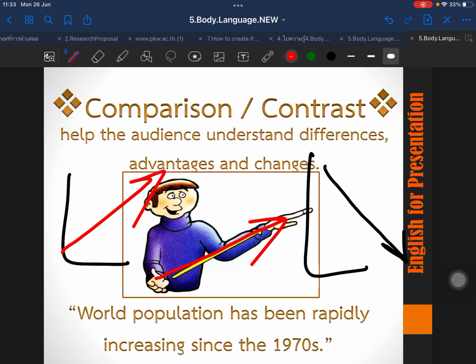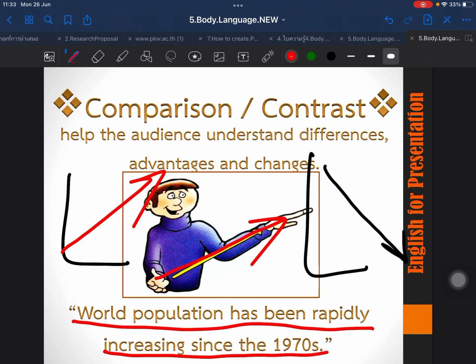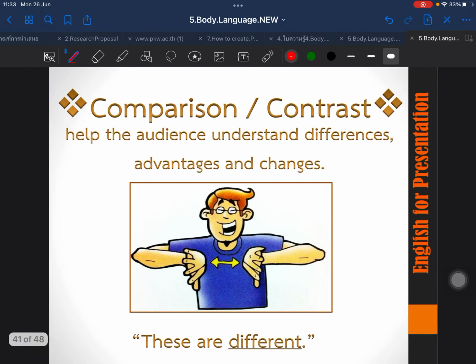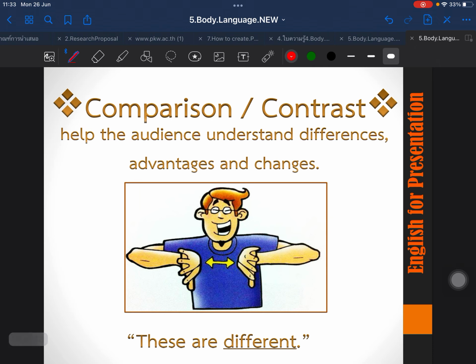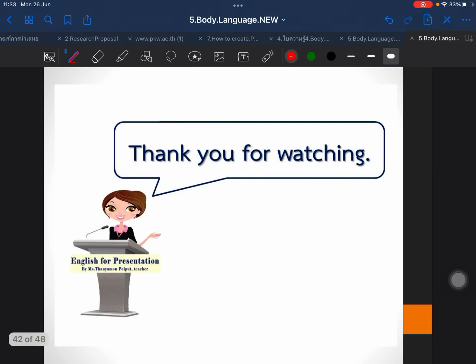That's it. For example, the world population has been rapidly increasing since the 1970s. If you want to say something different or separate, right? So you can copy the way he moved from the middle, and then you move to the left and the right. These are different, right? And then you move the hands like that.